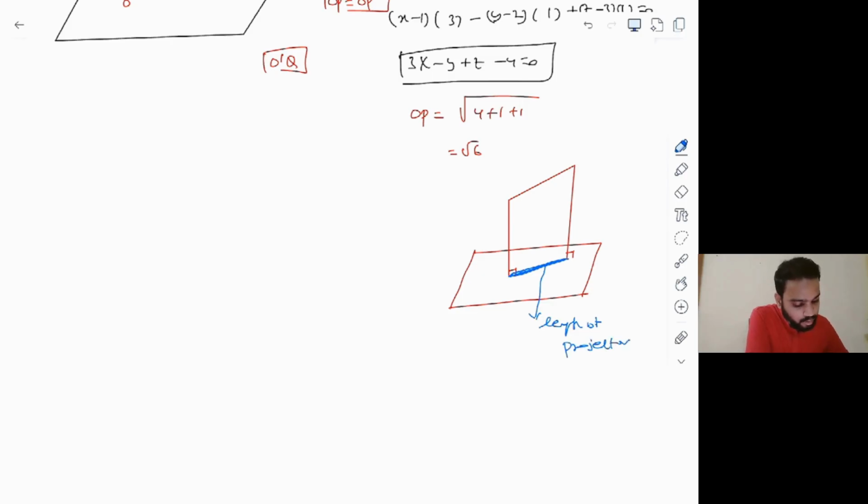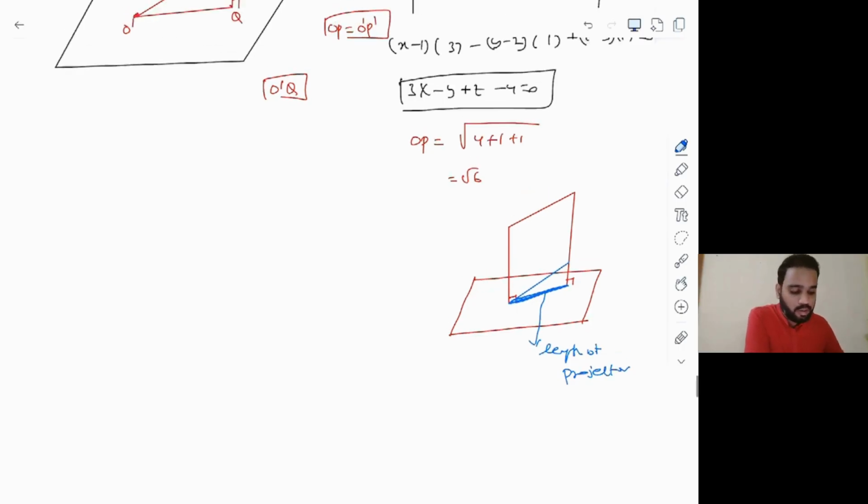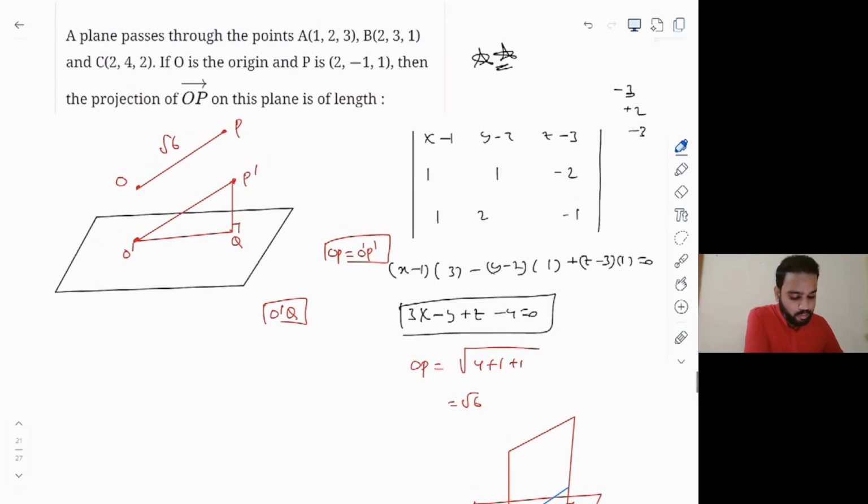And now what I'm doing is I'm moving this top line parallelly and placing it here so that I form a right angle triangle, and then I use the concept of angle between the plane and the line. So I can assume this as theta, and we have just now discussed how to find the angle between a line and a plane, right?